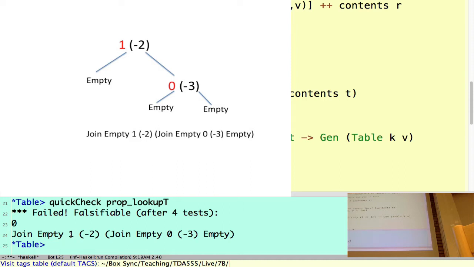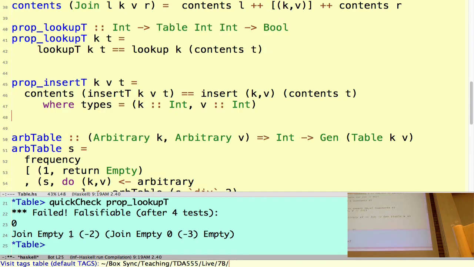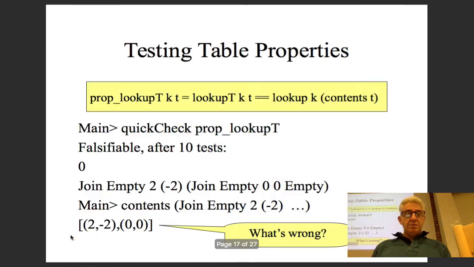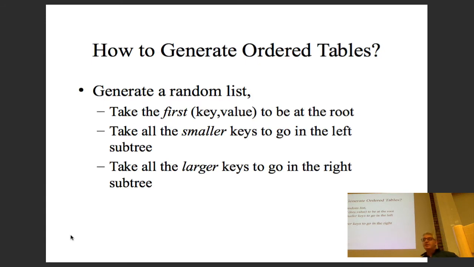I've gone too far. Right? So the problem is that the tree is a bad tree. We shouldn't build the structure in the wrong way. So there's an invariant property that needs to be satisfied for us. We need to generate ordered tables.